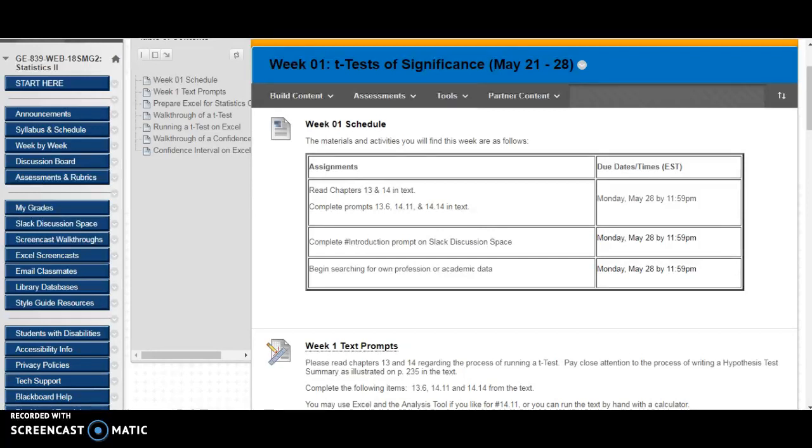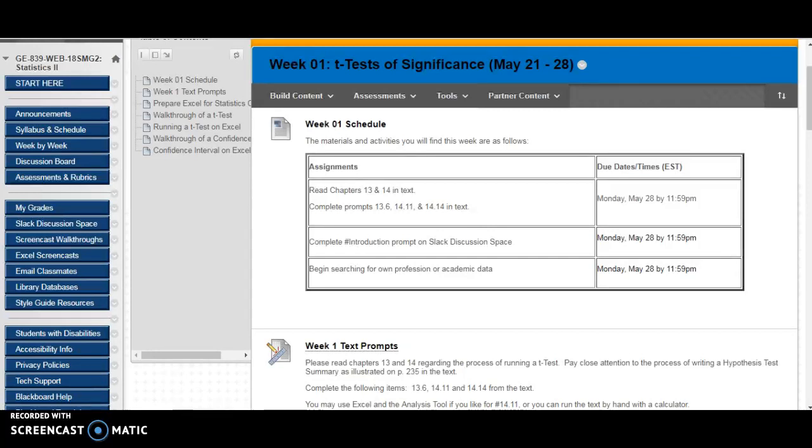Please read the text, chapters 13 and 14, again, paying close attention to the notation throughout it. And I'd really like to work on the idea of following the write-ups for our prompts, following the hypothesis test summary procedures that the text uses, for example, on page 253 in the text, 235, and also page 252.